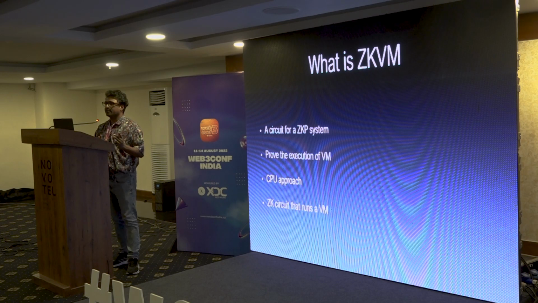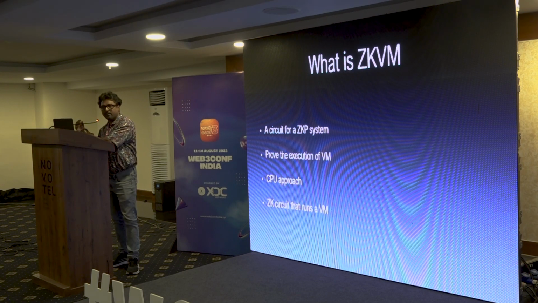When I say circuit, it's an algebraic circuit wherein you have the physical gates which do only addition and multiplication, and your program will be converted into a statement. The statement will again be converted into a polynomial, and this polynomial will be converted into an algebraic form, which gets executed and provides you the proof.